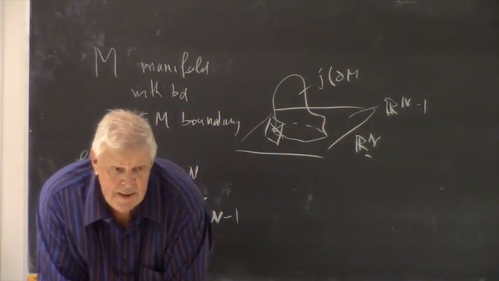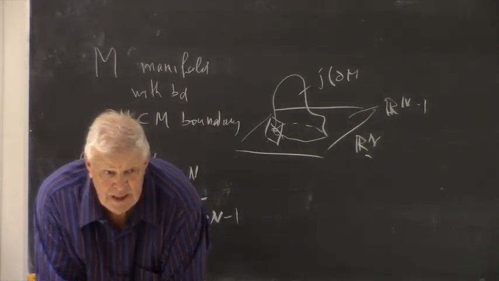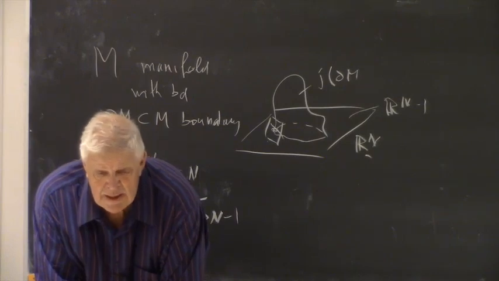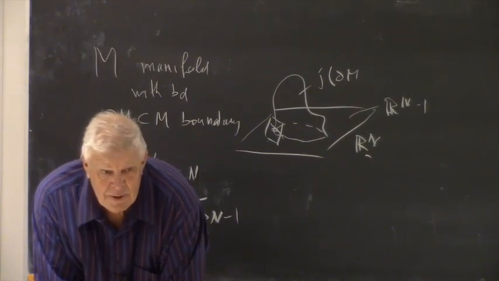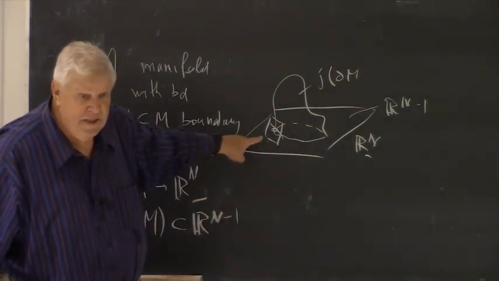Transverse will be very simple. It will immediately follow from our construction. Perpendicular requires just a little bit more work, but basically the same. So, how to do this?